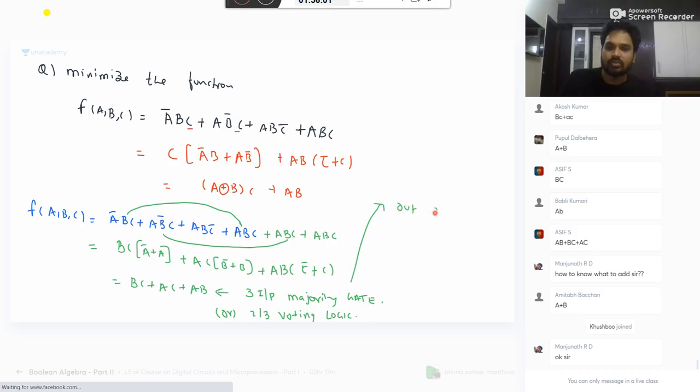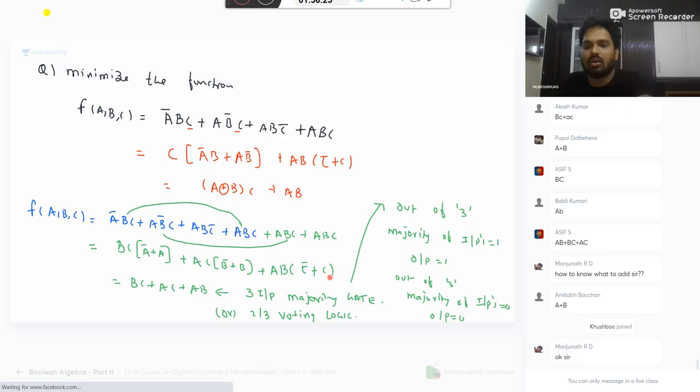Out of 3, majority of inputs equal to 1, output equal to 1. Out of 3, majority of inputs equal to 0, output equal to 0. This is what we call majority gate.